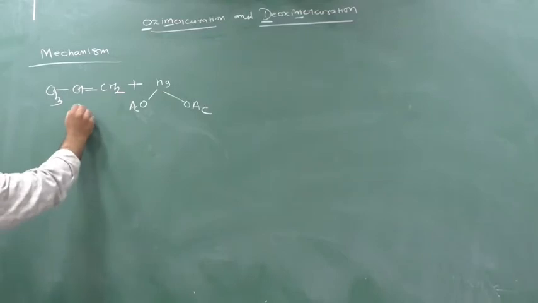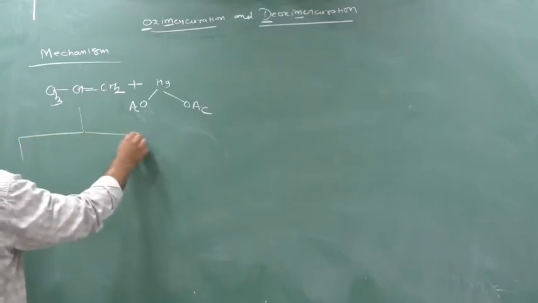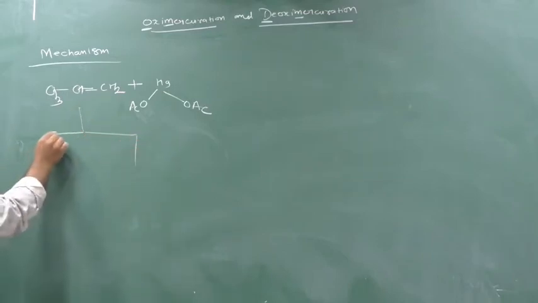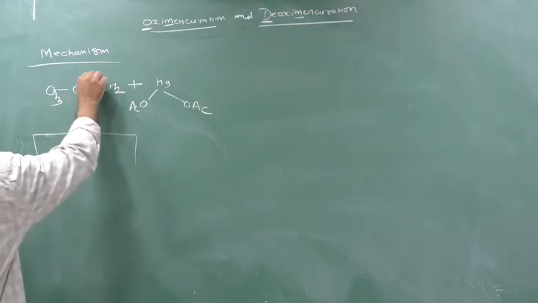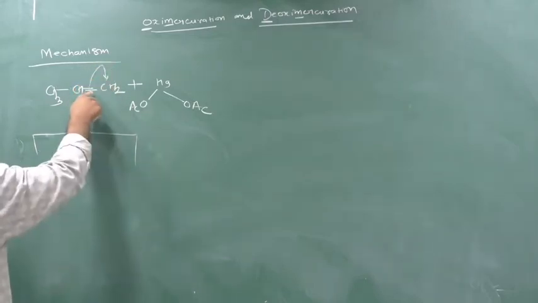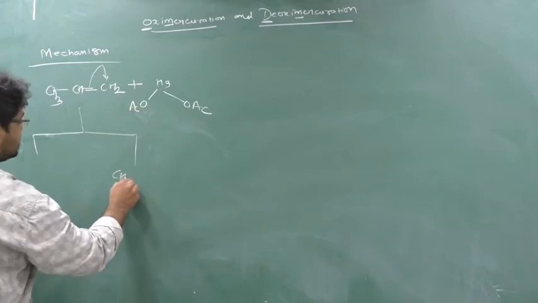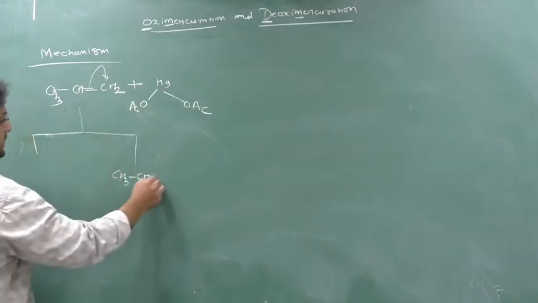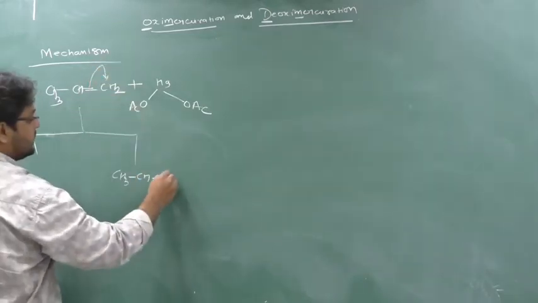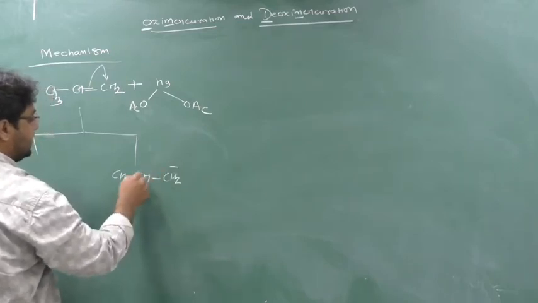Before going to this, see here there is a possibility of 2. Either this will cleave in this way. So if this bond enters here, CH3, CH, the bond breaks, and the bond entering means electrons enter here, so it will create negative charge, and it will create positive charge.